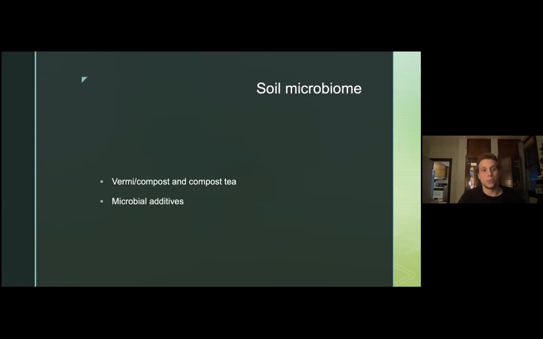You're going to brew your compost and molasses in this bucket with the water bubbling through it for 24 hours, no longer than 36. And then you're going to dump that on your plants.